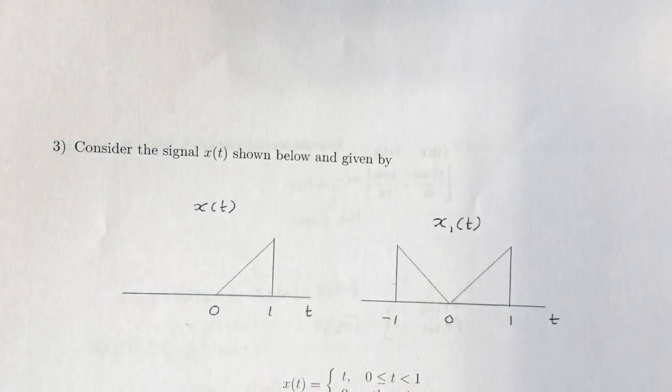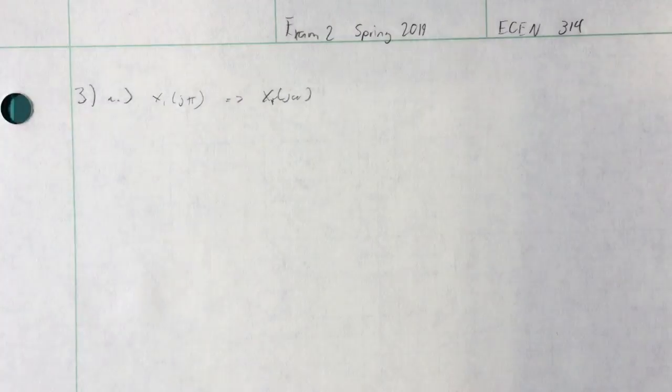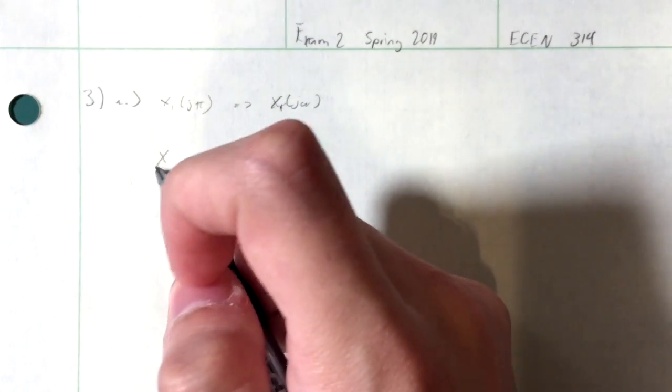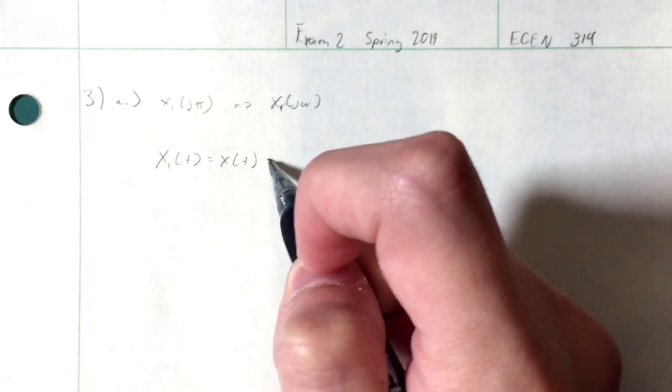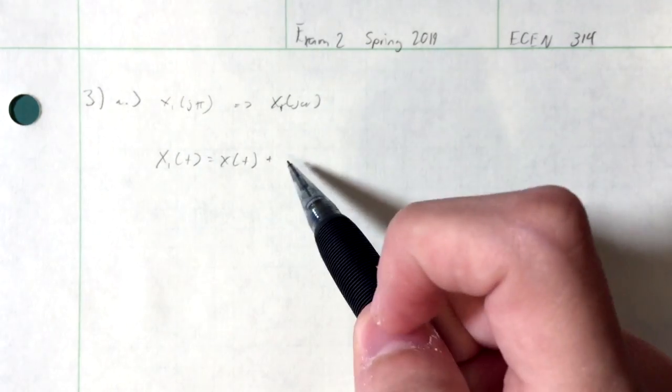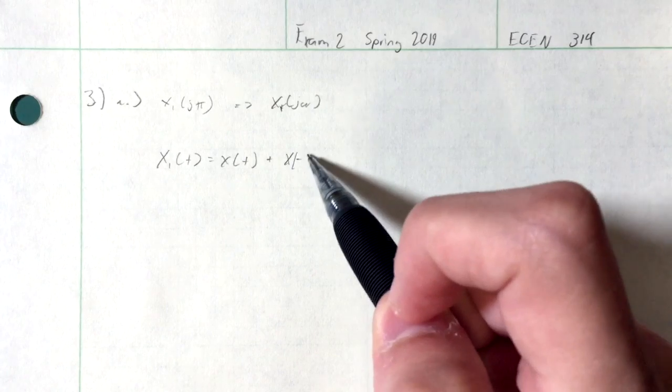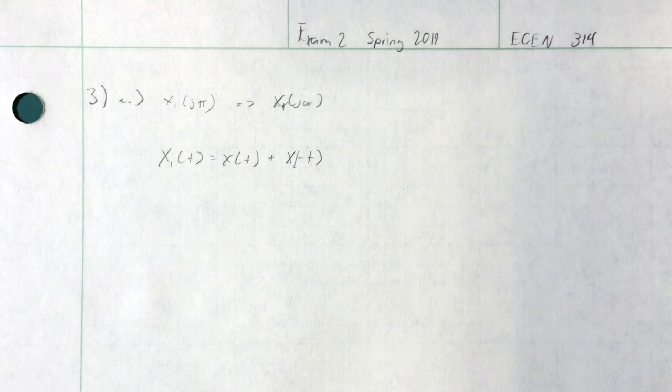So we can just write x1(t) equals x(t) plus x(-t).